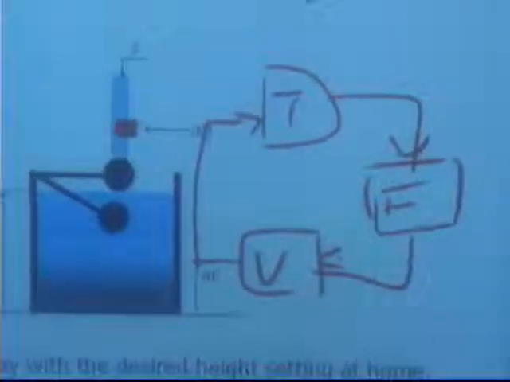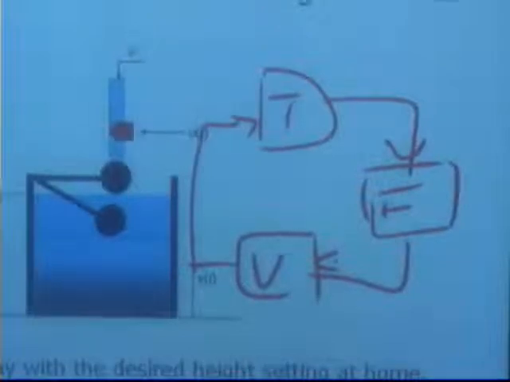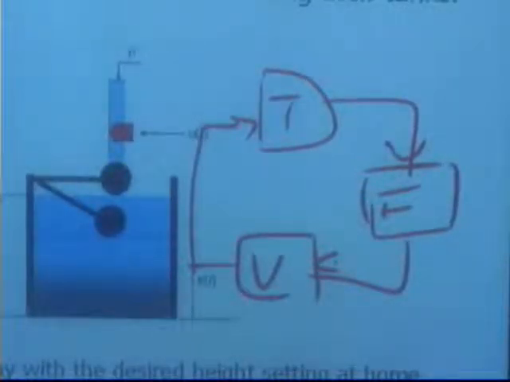Your homework assignment is to go back and play with the float setting to try and change what the equilibrium point is. How do you do that? Anybody know? You just bend that wire back and forth, depending on whether you want a little flush or a big flush. See, it's everywhere, I tell you.